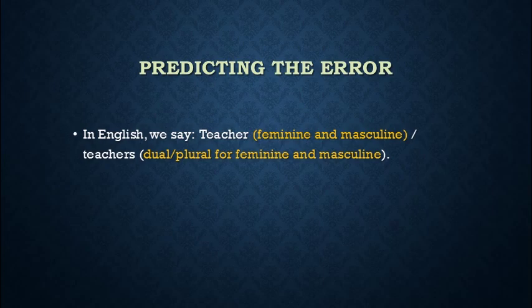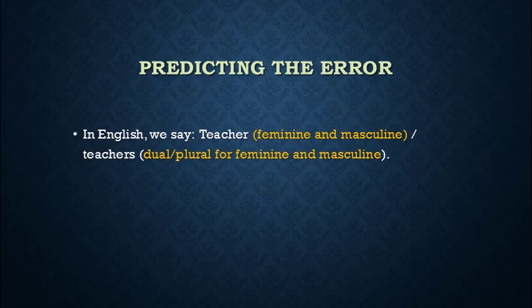So teachers is just plural, no matter the gender specification. It is used in all cases, whether it is feminine or masculine. If you want to specify, you have to add a female teacher or a male teacher.